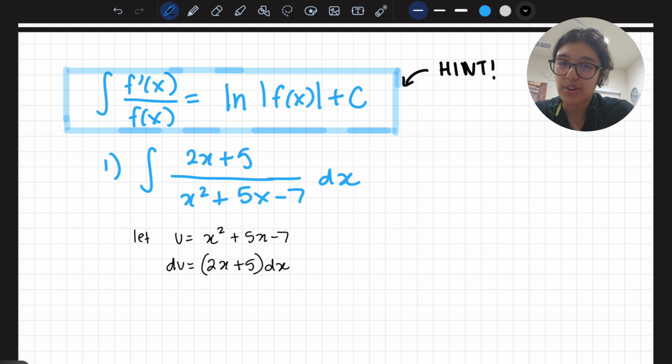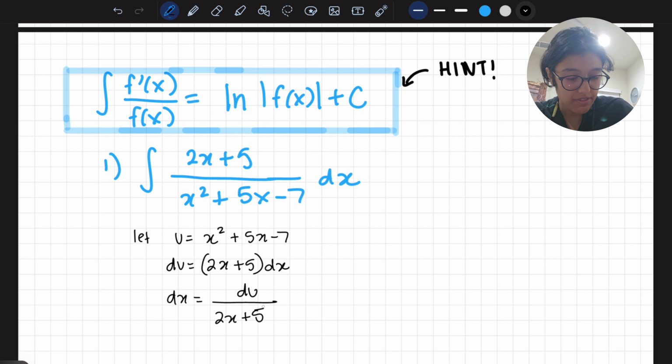I know a lot of other people simply stop over here and then manipulate the original question so that they can apply this formula. But personally, I find it easier finding dx and then plugging it into the original equation. So that is how I'm going to proceed. So dx is equal to du over 2x plus 5.